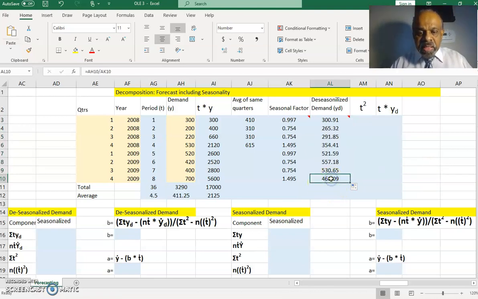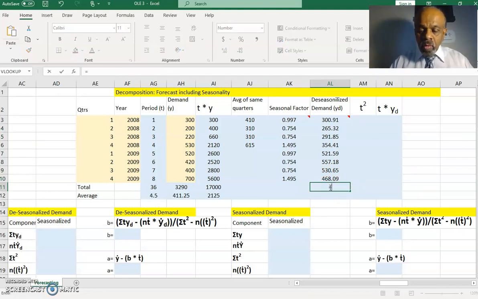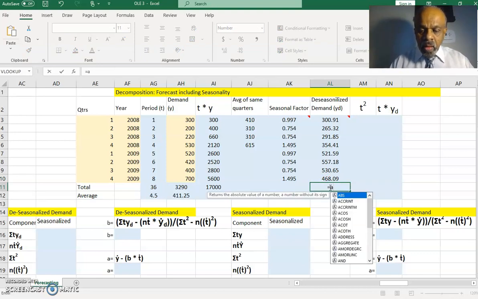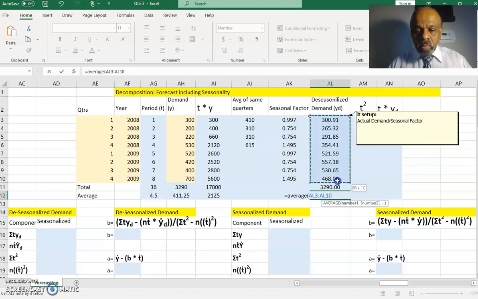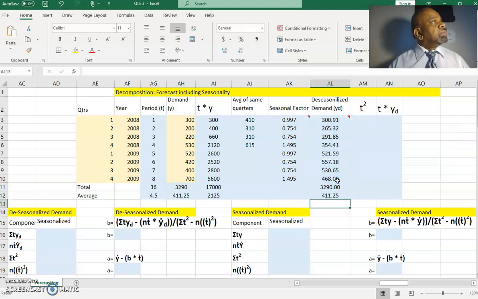Now I'm going to calculate the total, the sum of all these, and then the average of all these. So now I have the deseasonalized demand total and my deseasonalized demand average.